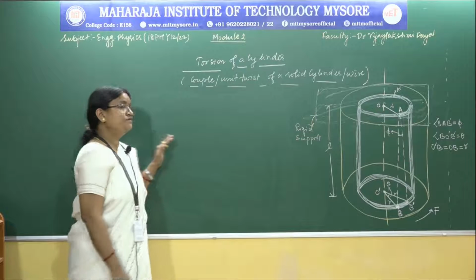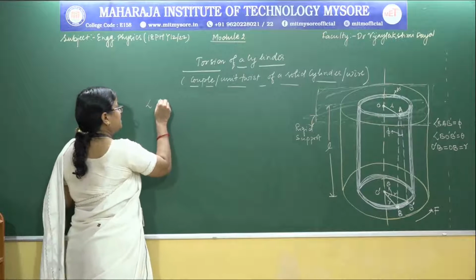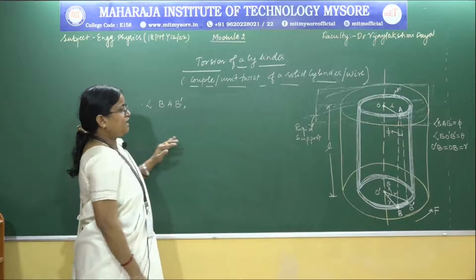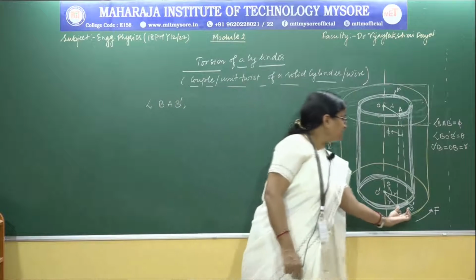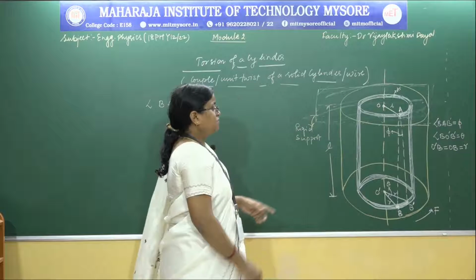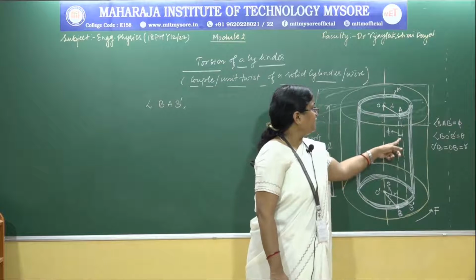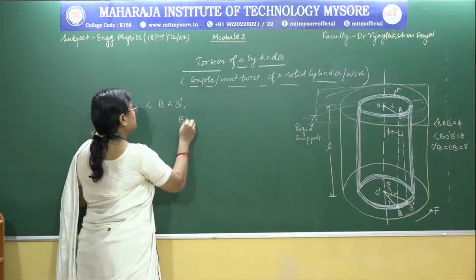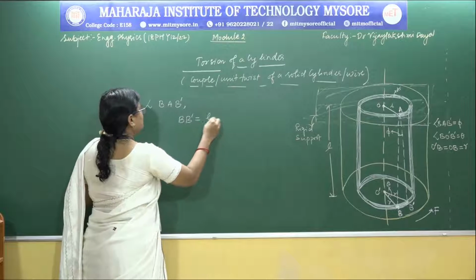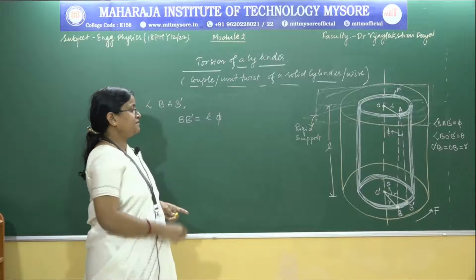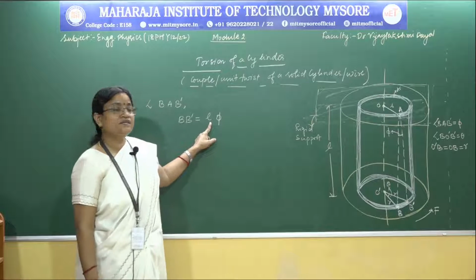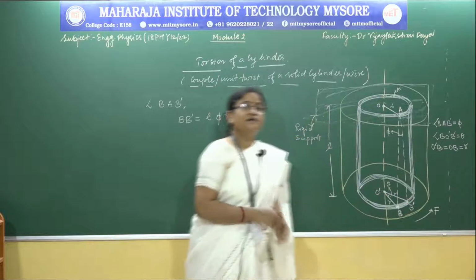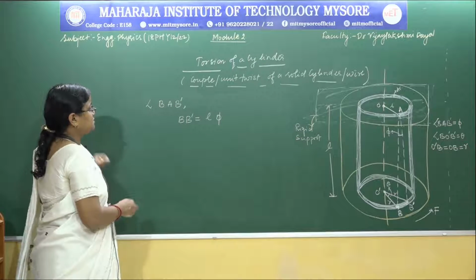Now consider the angle BAB dash. If BB dash is the arc supported by the angle phi at the point A, then BB dash will be equal to L into phi, where L is the length of the cylindrical structure.